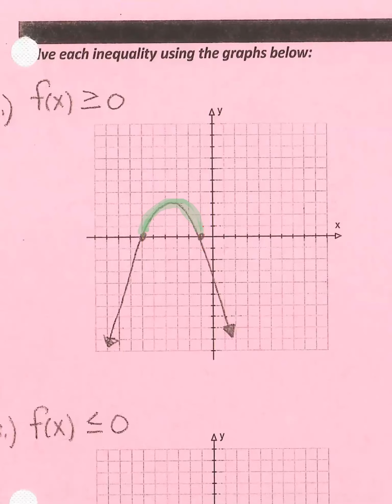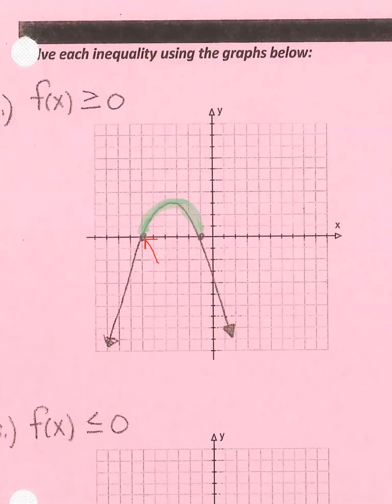So this thing is positive, and when we're doing our interval notation, remember you want to start from the left and move your way to the right. The first time that it is positive is at -6. I'm going to use a closed bracket at -6 because this dot right here is closed.